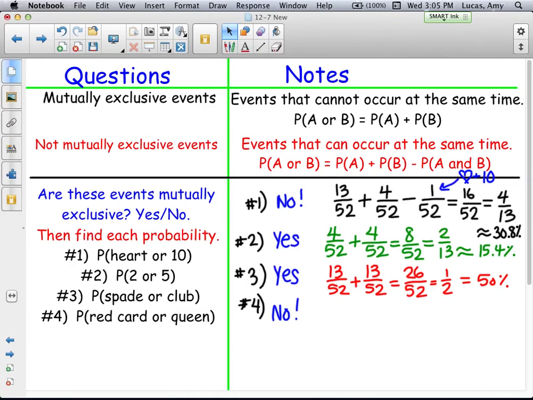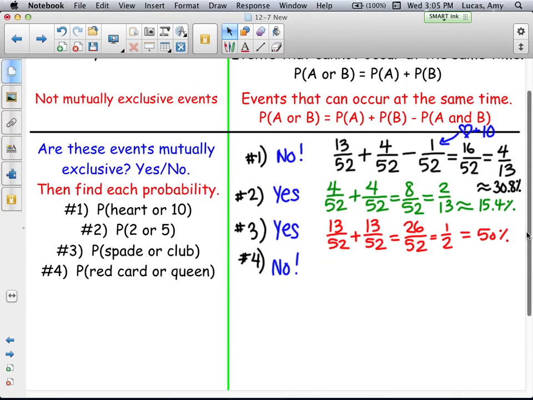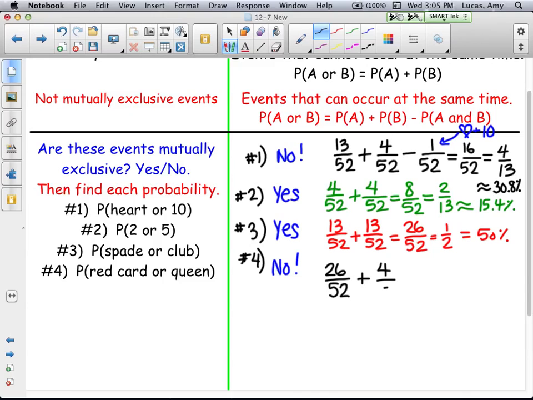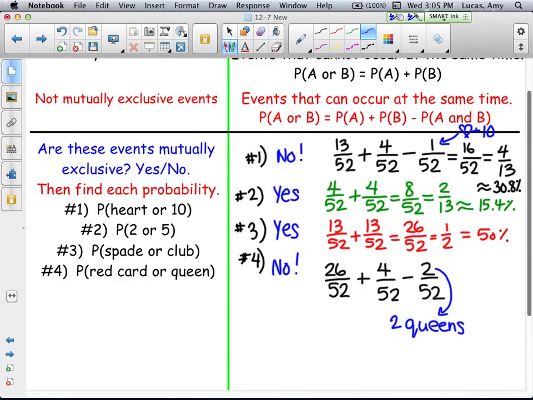And then the last one, red card or a queen. Well, the red cards are the diamonds and the hearts. So red cards account for 26 out of 52 cards in the deck. Plus there are 4 queens in the deck, but 2 of those queens are red cards. So I have to take away, so these are the 2 queens that are red. You can't count those cards twice.